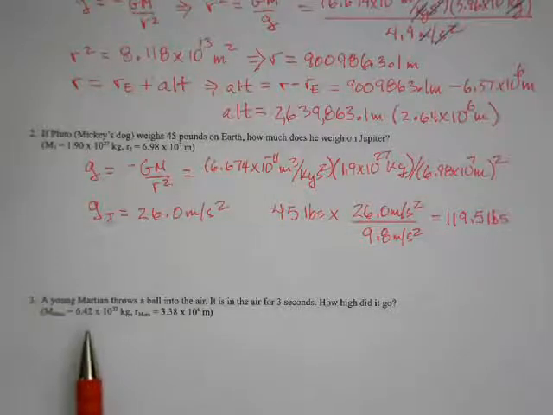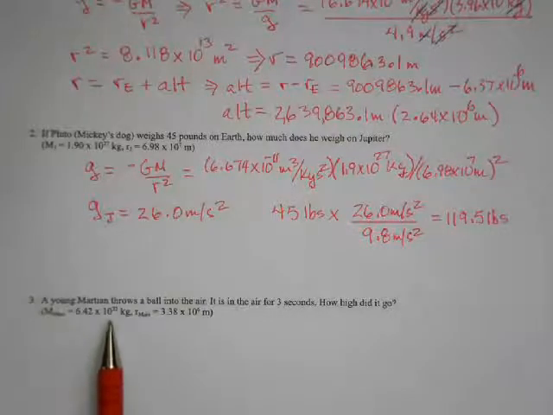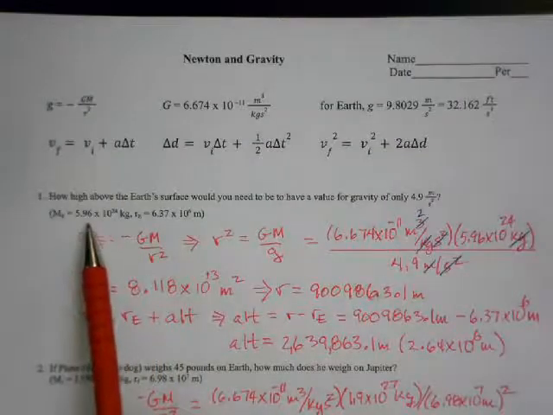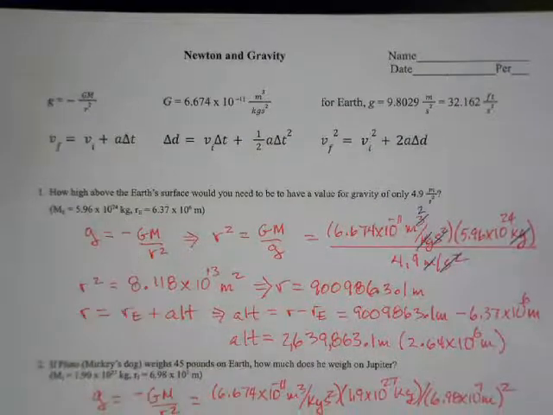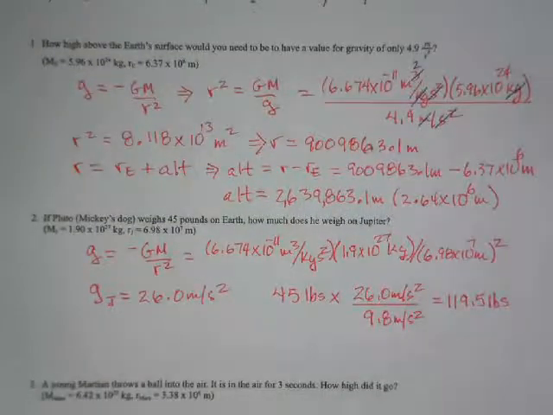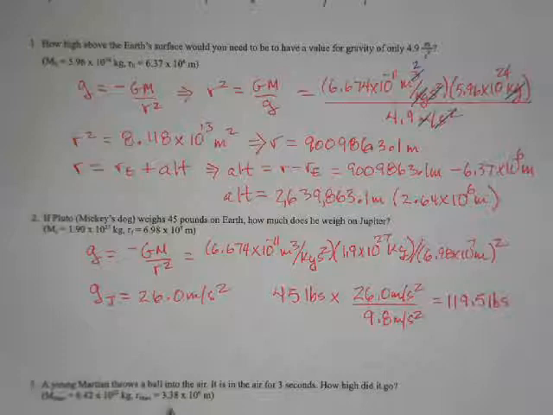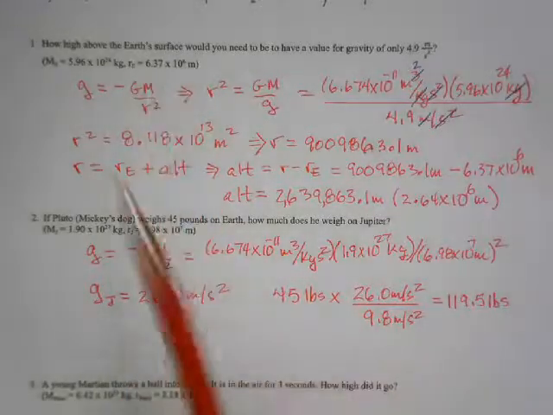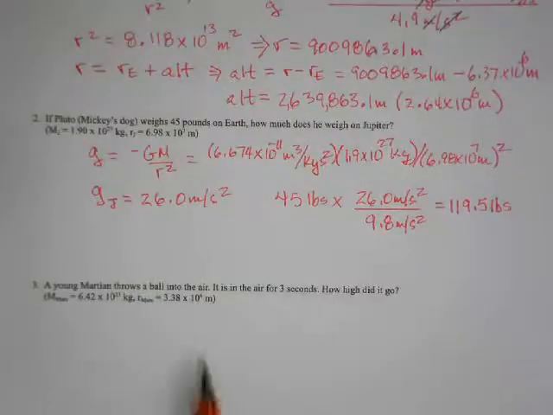Note 6.42 times 10 to the 23rd. Problem 1, Earth was 5.96 times 10 to the 24th, so not quite 10 times bigger in mass. In terms of radius, about half, 6.37 versus 3.38 times 10 to the 6 meters.